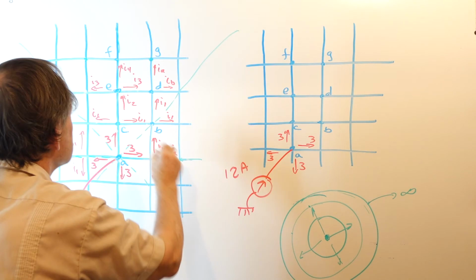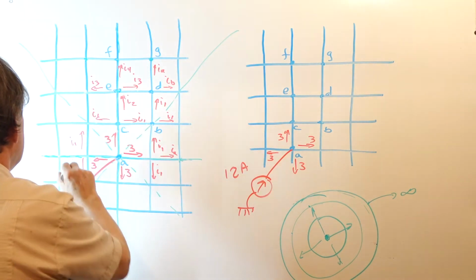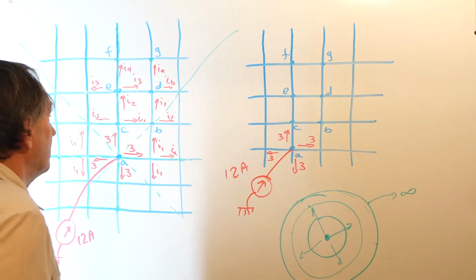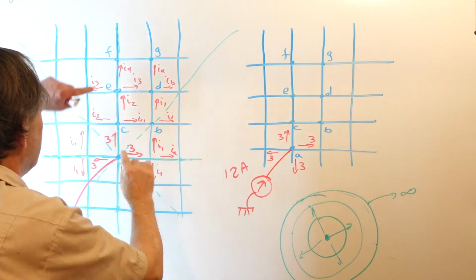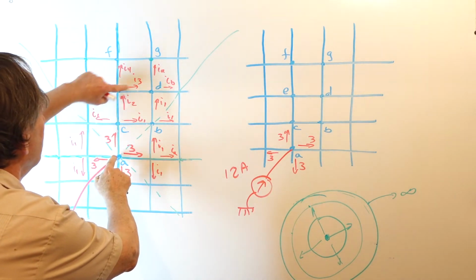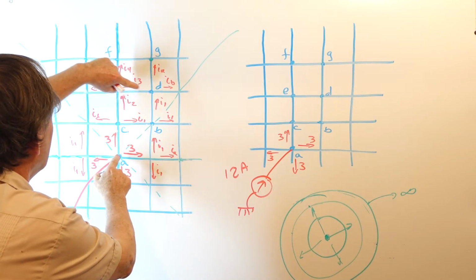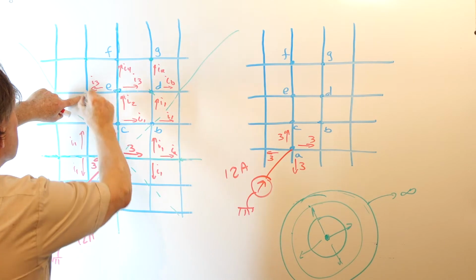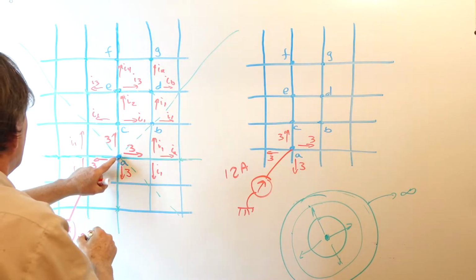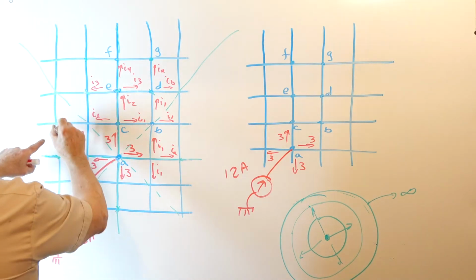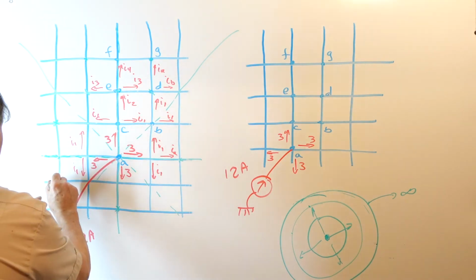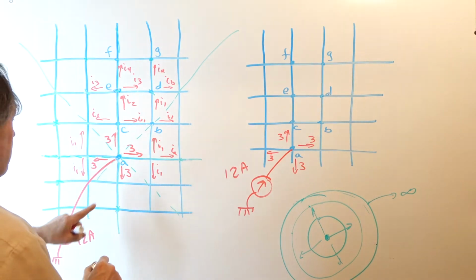So this point, point E, this point, and this point will be at the same potential. And if, say, I go up 2 and over 1, then this point will have the same potential as this point. And then if I go over 2, up 1, that will have the same potential. Up 2, over 1, that will have the same potential.